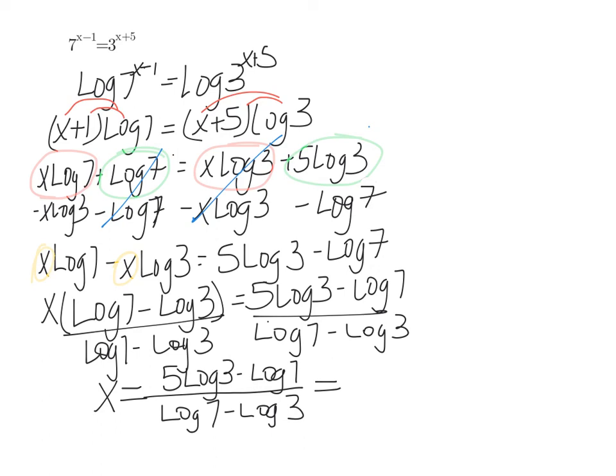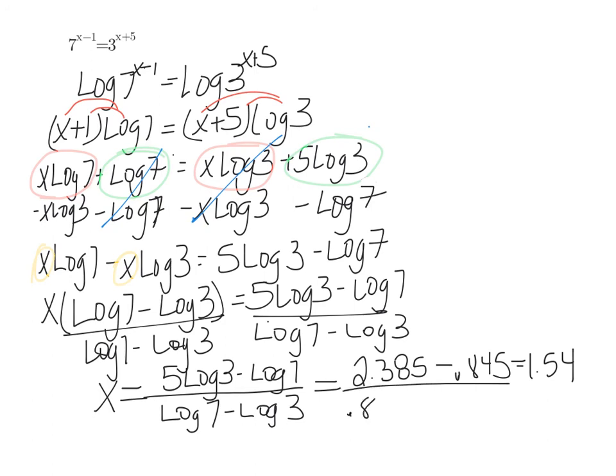So I'm going to, in my cell phone calculator here, 2.385 minus 7 log 0.845, and 2.385 minus 0.845 is 1.54.